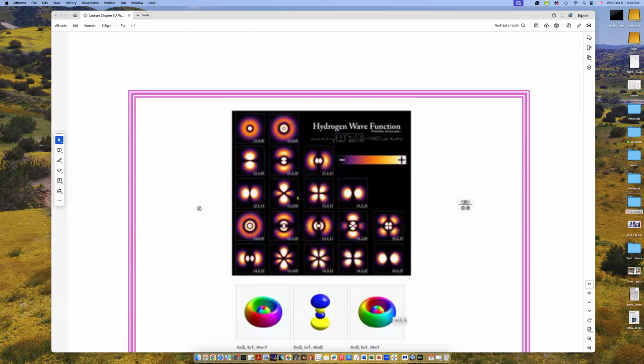Here's a slice through that. This is the same features I just showed. If we slice through, you can see these beautiful distributions of where the electron is likely to be for the simplest atom, hydrogen, which has a single electron and a single proton.